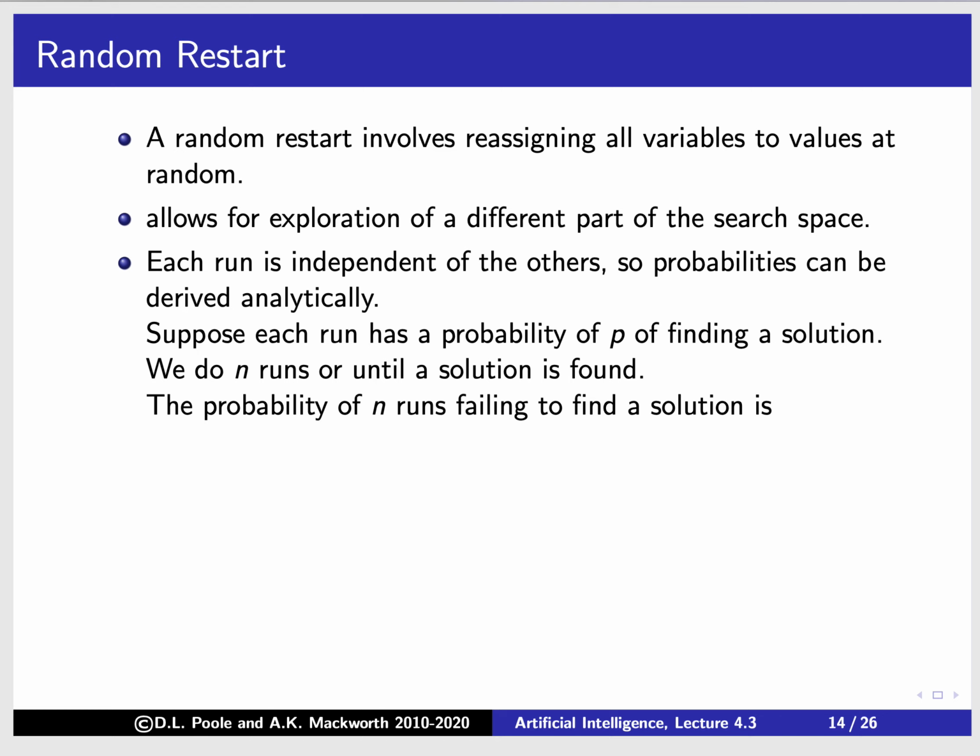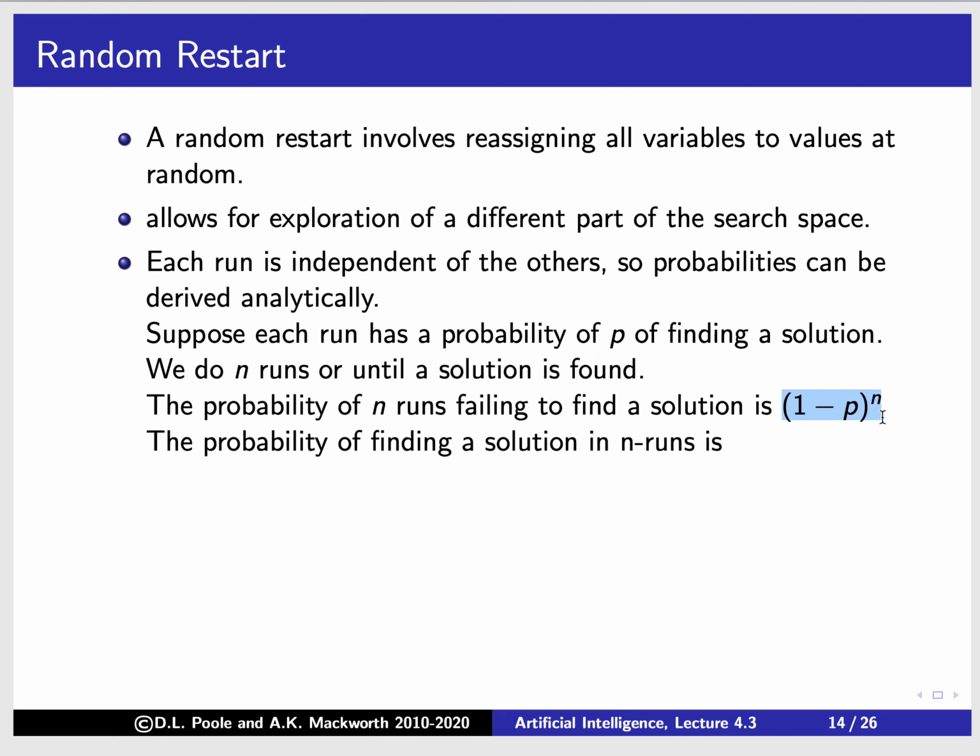So now, the probability of n runs failing to find a solution: well, each of them has got to fail to find a solution, and they're all independent. So the probability of failing is 1 minus p, and because of n of them, it's (1 minus p) to the n. This is because we're assuming that they're independent runs. And so the probability of finding a solution is 1 minus that.